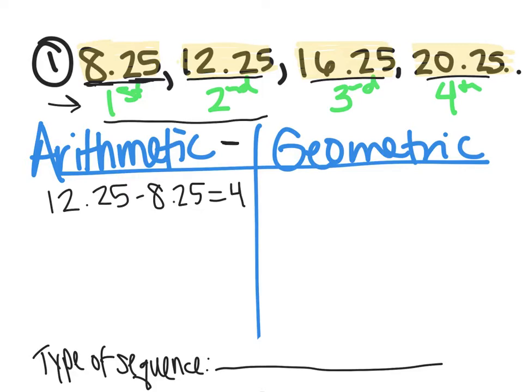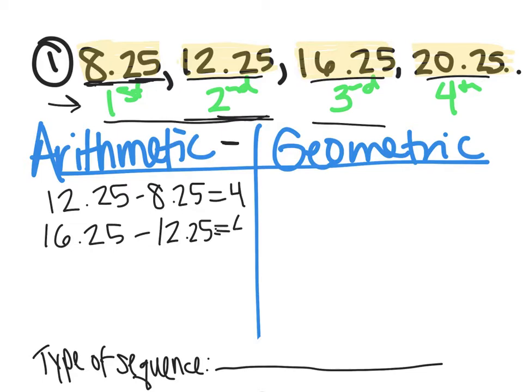To continue to check that, we look at the next two consecutive terms, and that would be the third term, which is 16.25, minus the second term right before it, which is 12.25. And if you subtract them, you're going to get 4 again.